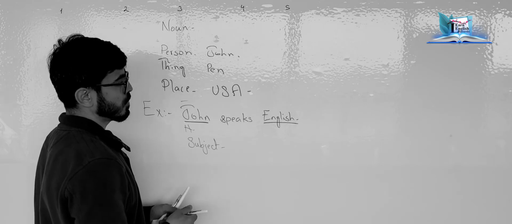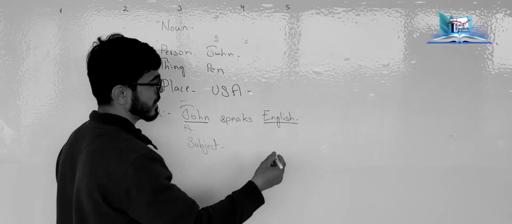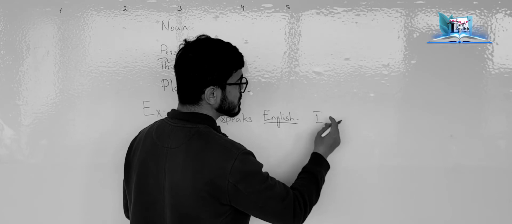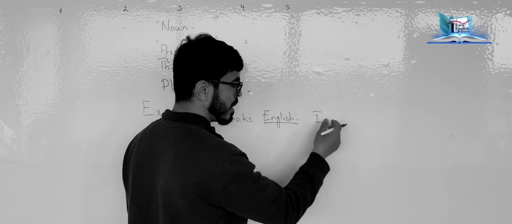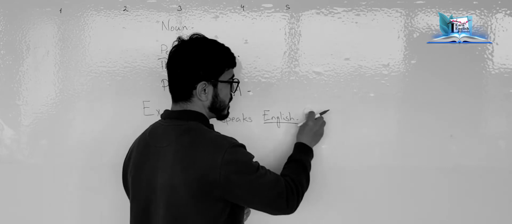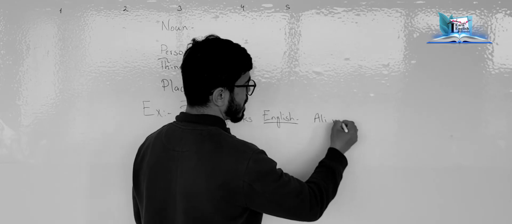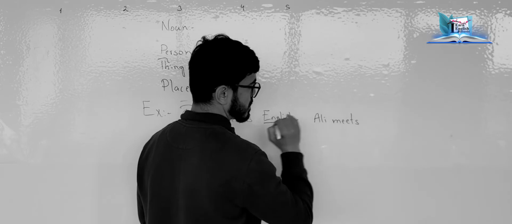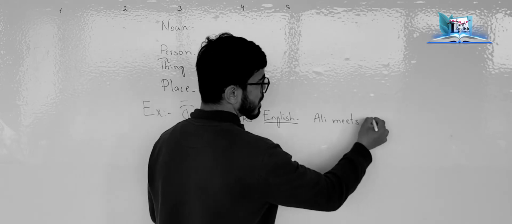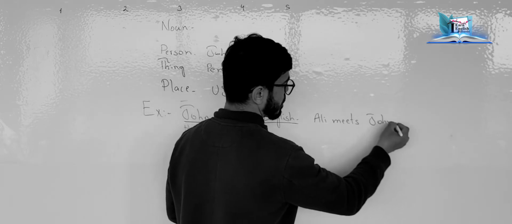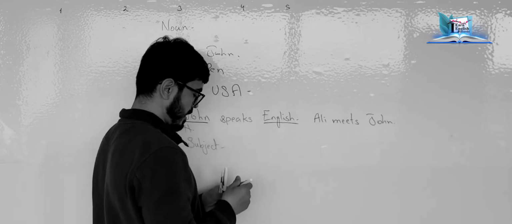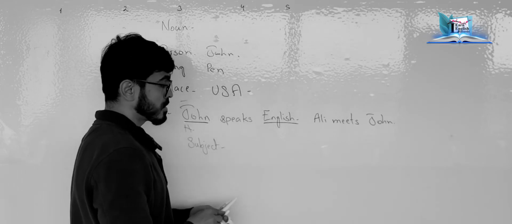So I'm gonna give you another sentence. The next sentence is like, let's not use I, let's use Ali meets John. Okay, so in this sentence, Ali meets John.